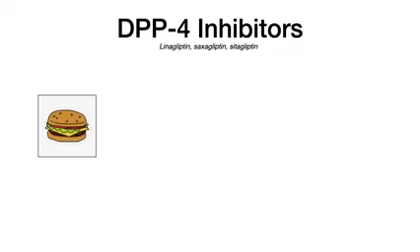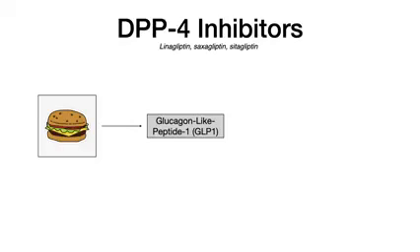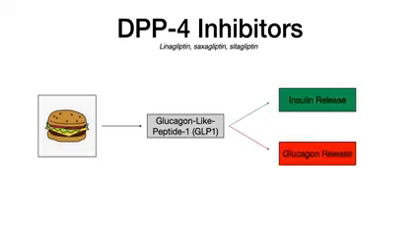What normally happens is when you eat something, the body releases glucagon-like peptide 1, or GLP-1 for short. GLP-1 promotes insulin release and inhibits glucagon release. That's the normal functioning of GLP-1. But there is an enzyme in the body known as dipeptidyl peptidase 4, or DPP4 for short, and what DPP4 does is inhibit glucagon-like peptide, basically knocking it out.